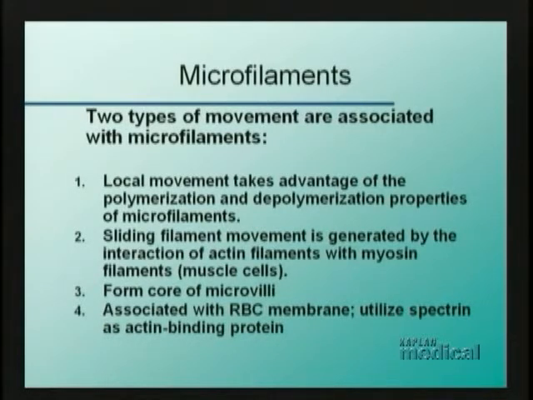And as we know well, the actin filaments are overlapping and associated with myosin filaments in striated muscle cells. They form the core of microvilli that we'll talk about in a minute. And they're also closely associated with the red blood cell membrane. And at that red blood cell membrane, they utilize spectrin as their actin binding protein.